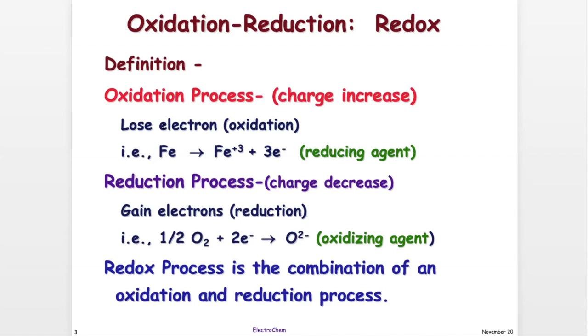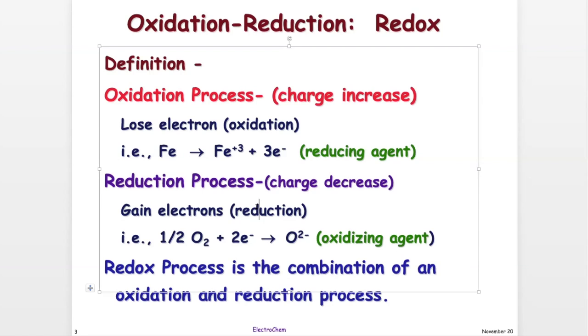When it sheds its negative charge, then it's oxidized. That means you lose electrons and you oxidize. And that species is called the reducing agent. The reason it's called the reducing agent is because it's the one donating electrons to reduce its partner.